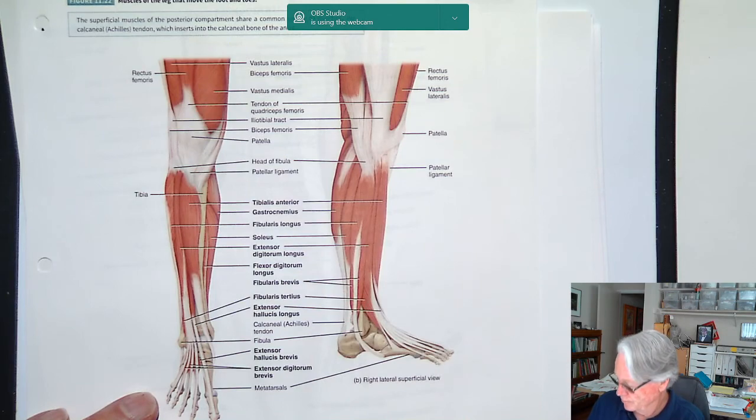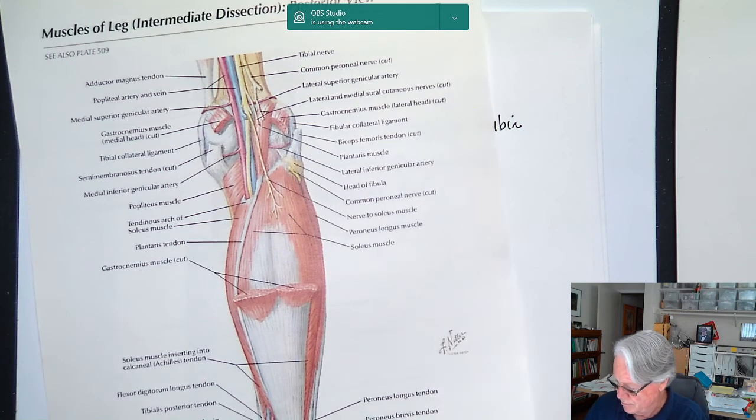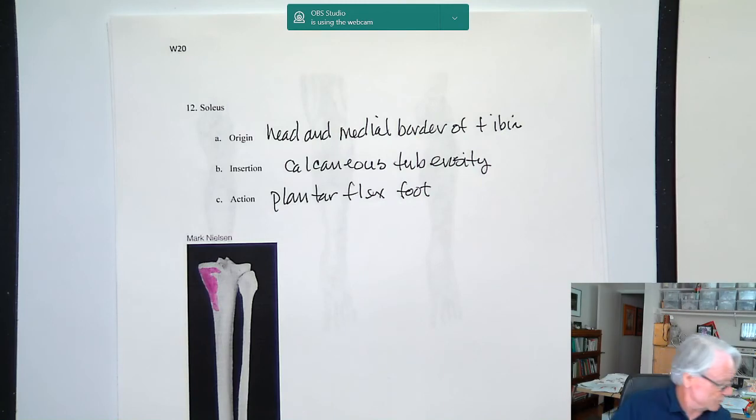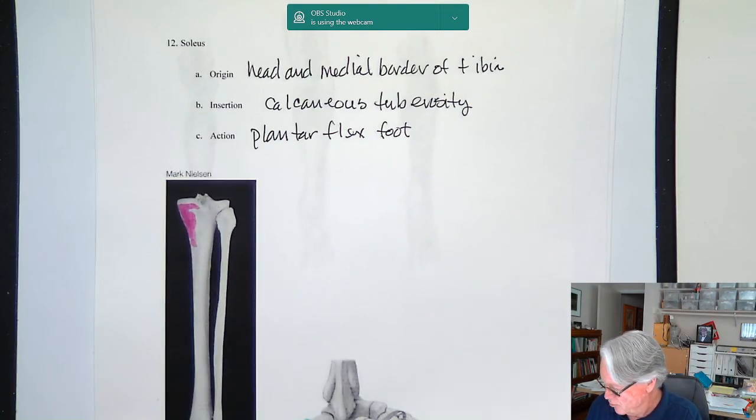Okay. So that is the soleus muscle. And we have one more muscle, I believe, to cover.